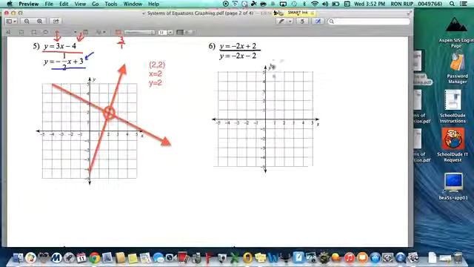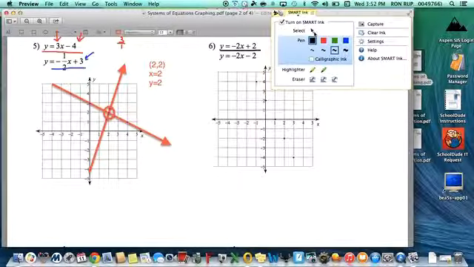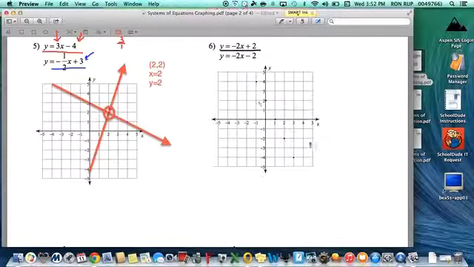This line, we're going to start at positive 2, because that's the y-intercept. We're going to go 2 over 1 in the negative direction. Up 2 over 1 in the negative direction. And like before, connect that line.